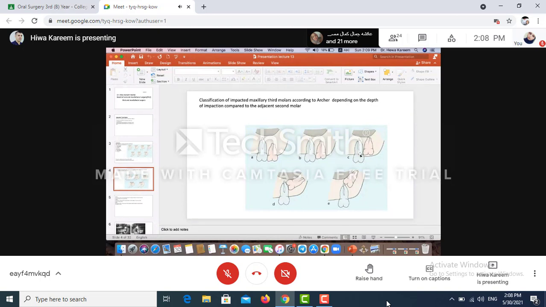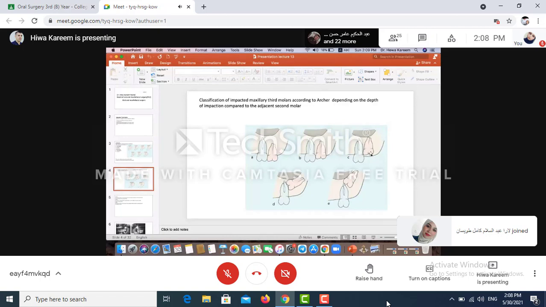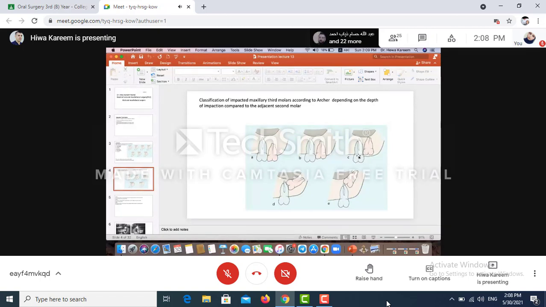And class C, the occlusal surface of the upper third molar is below the cervical line of the second molar. This is class A, B, and C according to Archer, depending on depth of impaction compared to the adjacent second molar.